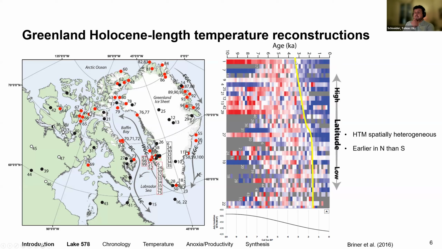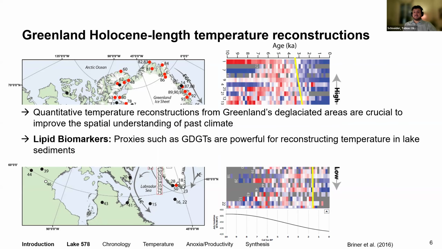And they found a trend that it may be that the mid-Holocene thermal maximum faded out a little earlier in the northern part compared to the southern part, which would somewhat be expected, but there is still a heterogeneous pattern which can be attributed to different proxies in different archives, for example. So we still, particularly in the deglaciated area, need to have some more data to constrain, for example, climate models, and also to understand what's going on in lakes.